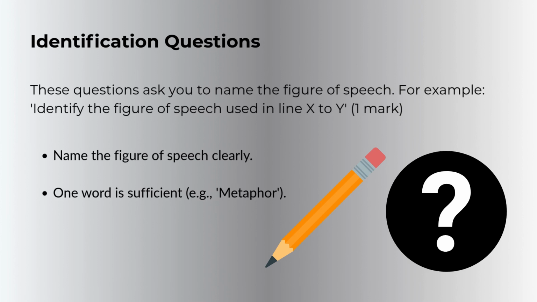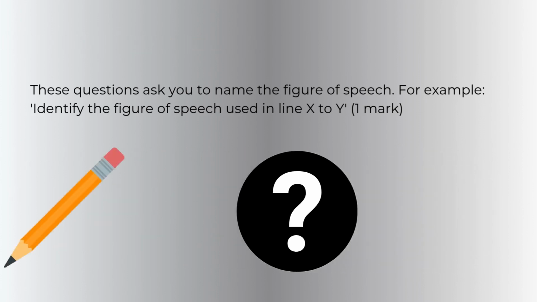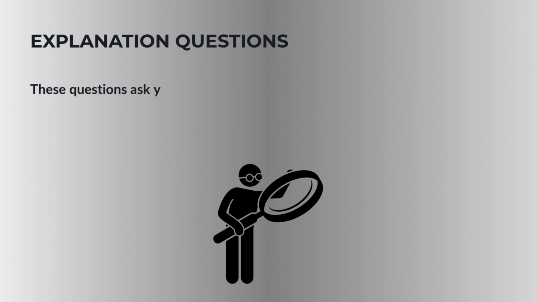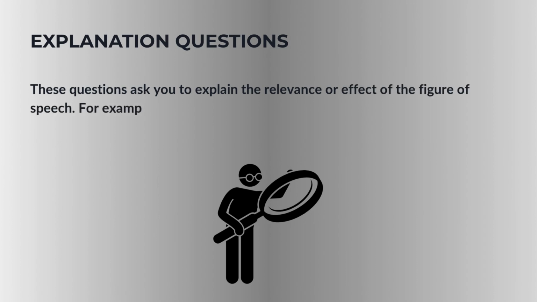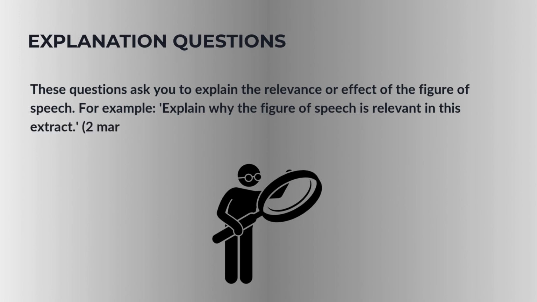For these questions, name the figure of speech clearly, and 1 word is sufficient. For example, metaphor. Explanation questions ask you to explain the relevance or effect. For example, explain why the figure of speech is relevant in this line, worth 2 marks.